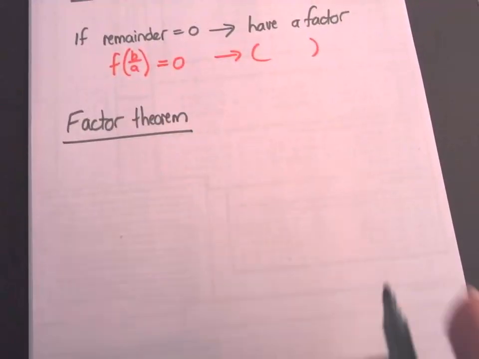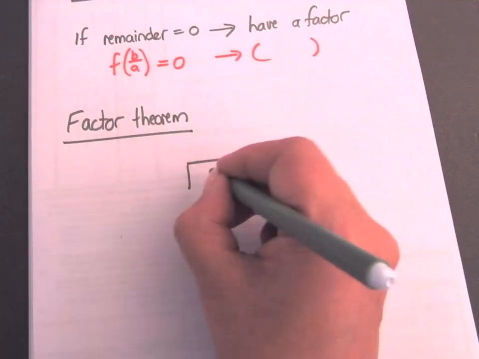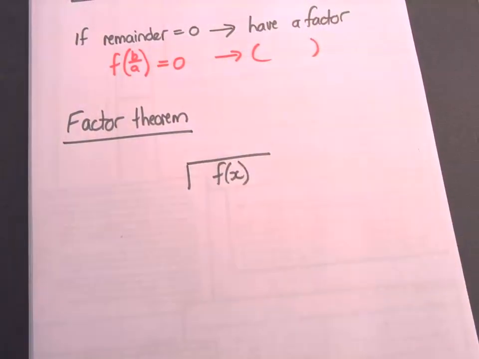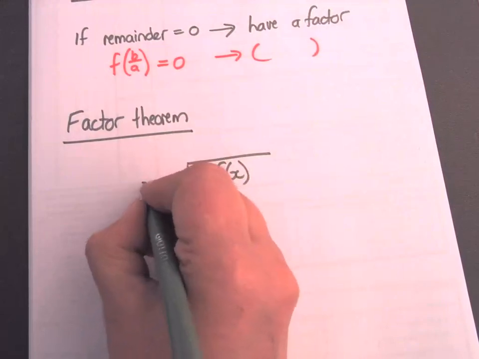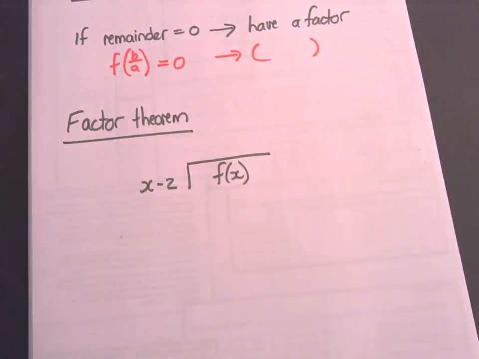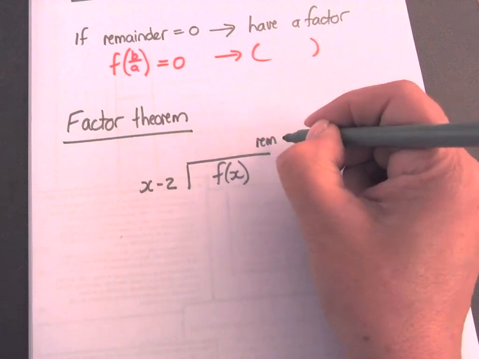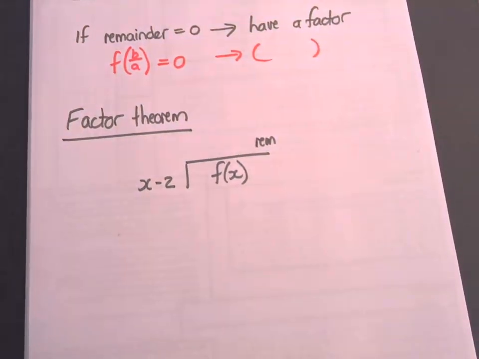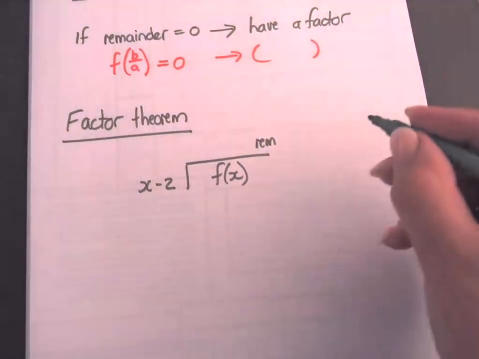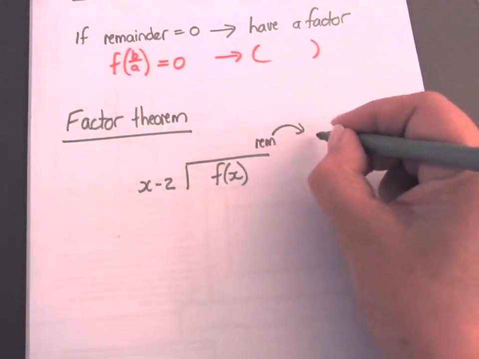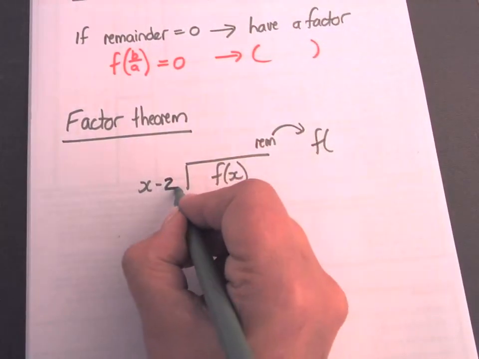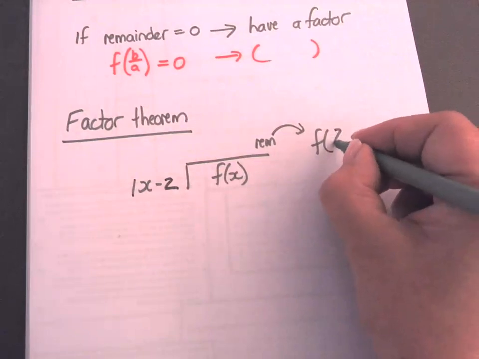Let's say we have f(x), whatever f(x) might be, and we divide it by x minus 2. What will the remainder be? f of 2 over 1. So the remainder will be f of 2.